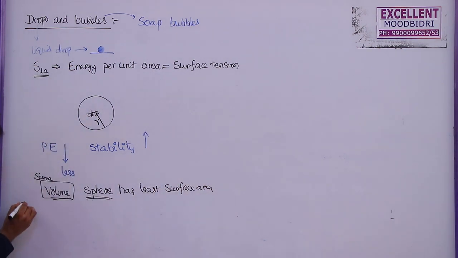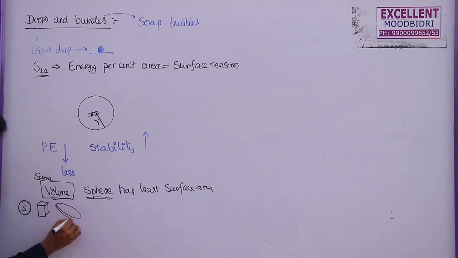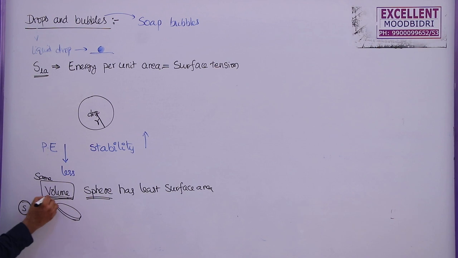That means if you take a sphere, a cube, or a plate, these are all geometrical structures having the same volume, but which has the least surface area? The sphere has the least surface area.